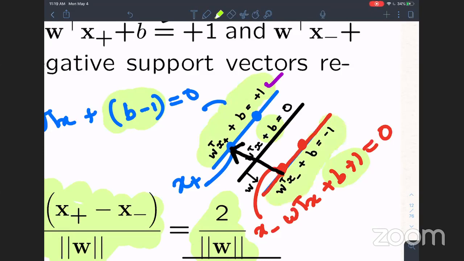If you have positive samples on this side, I want a line where putting in positive samples gives my decision as +1, because the whole idea is that you are either in the +1 family or the -1 family. So if I put in x from this side of the graph and my decision is +1, that means it's in the +1 family.